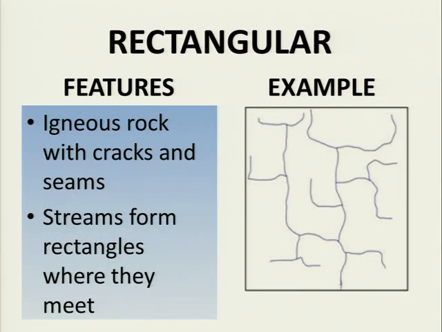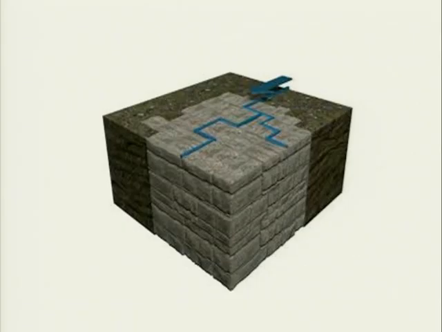Now we come to the rectangular pattern. Look at the picture. It is found on igneous rock. Those igneous rocks have cracks and seams, and the streams on top of those rectangles follow them to where they meet. Now, this is an example. Guys, this is how the rectangular pattern looks.